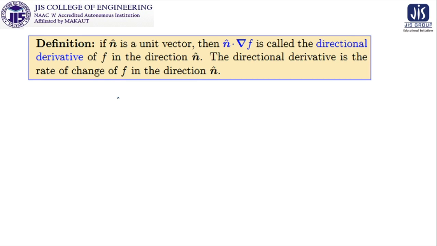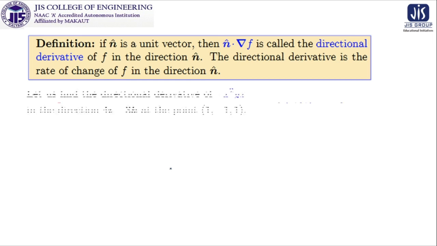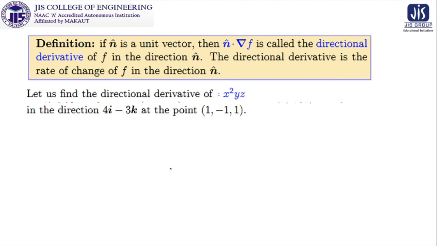Here, if n is the unit vector, then n dot del f is called the directional derivative of f in the direction n. The directional derivative is the rate of change of f in the direction n. It is already defined, calculated, exhibited, but now it is linked with the idea of gradient.